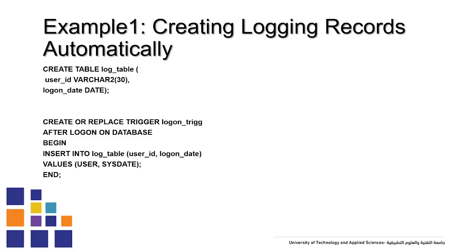Okay, so this will have an AFTER LOGON ON DATABASE, meaning it defines the triggering event for the trigger. In this case, it specifies that the trigger will fire after any user logs on to the database, right? That's why we have the trigger body with the BEGIN and END clause, which defines an execution block.